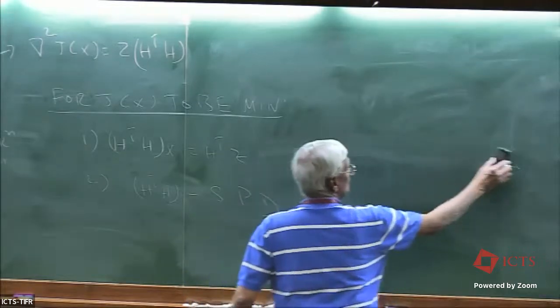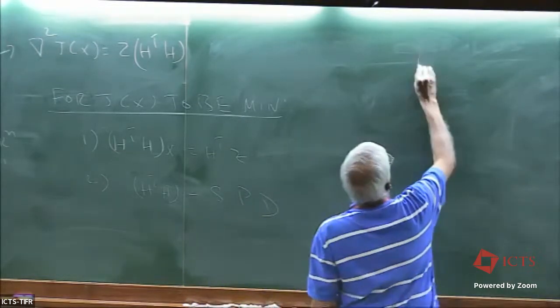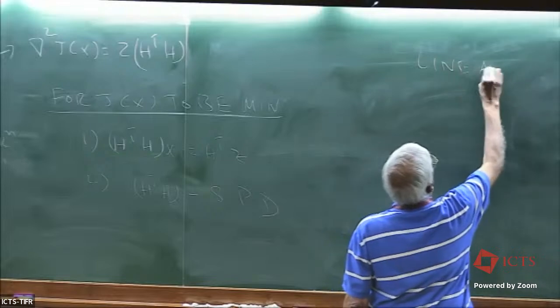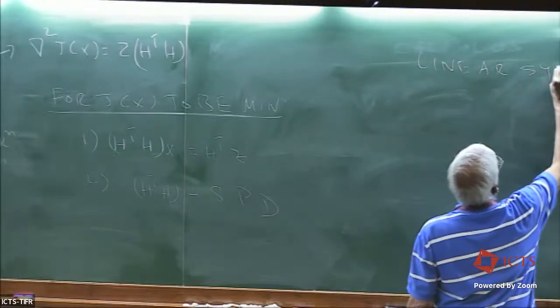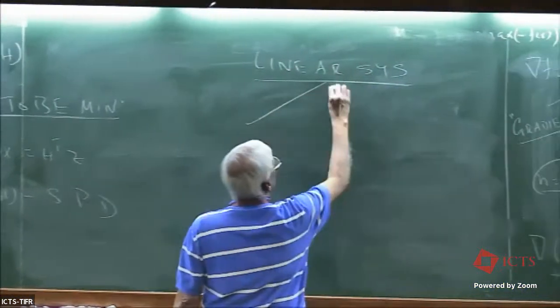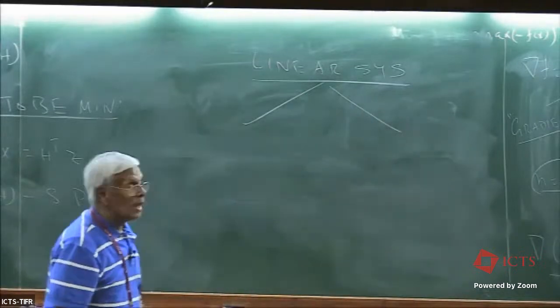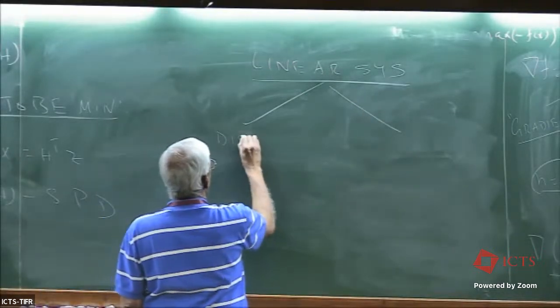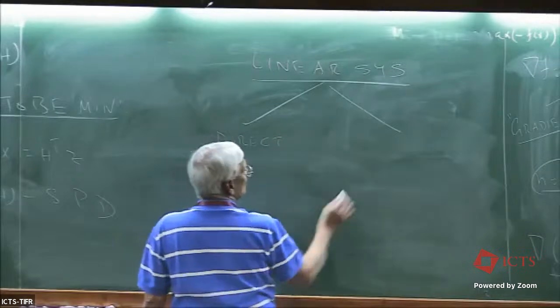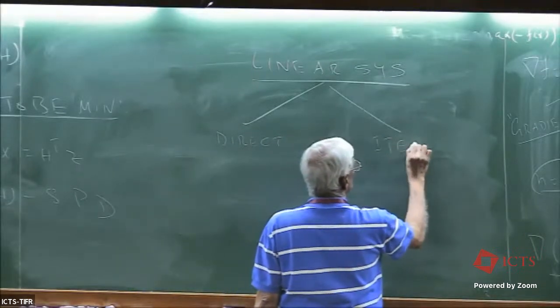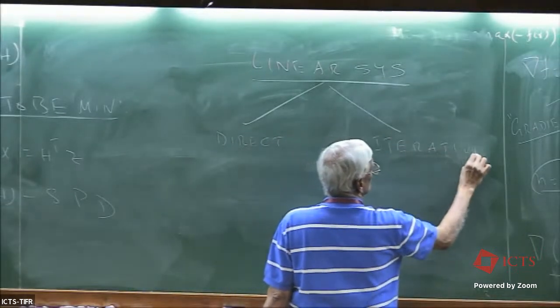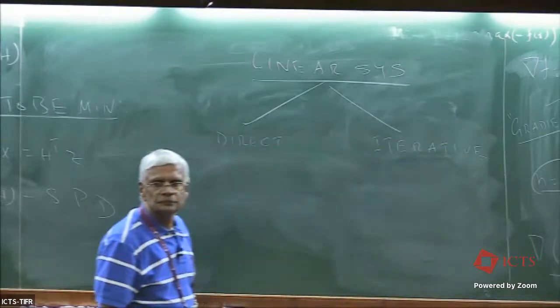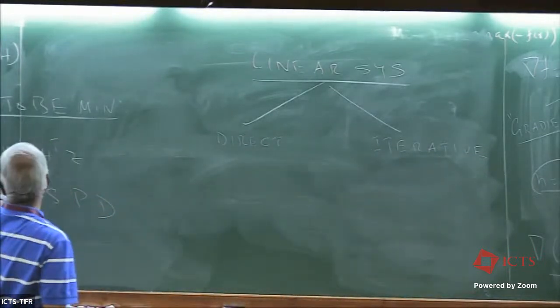And what are the methods? So, linear system. There are two classes of methods for solving linear systems. One is called the direct method. Another is called the iterative method. I'm talking about methods of solving this.